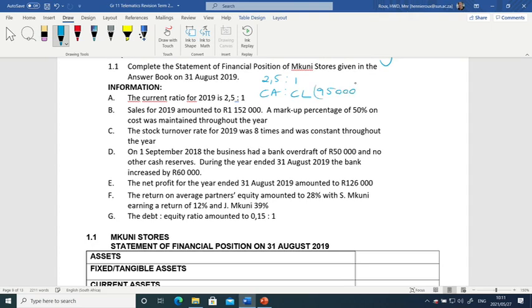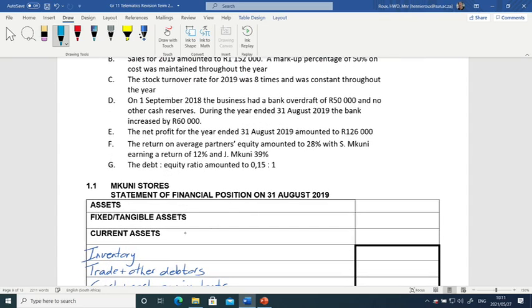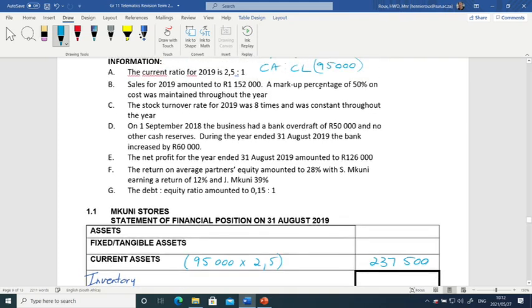So if the current liabilities is 95 and the current assets is 2.5 times more than that, then I can put in the current assets. That must be the 95,000 times 2.5 in order to give you 237,500. There you have another 2 marks. So information A, we've used that one.